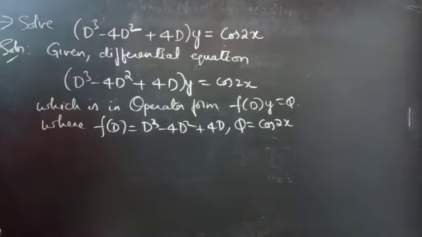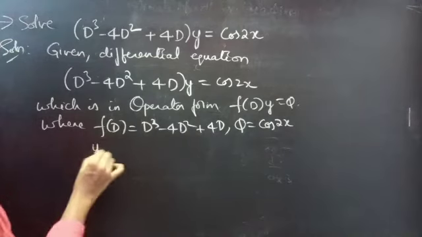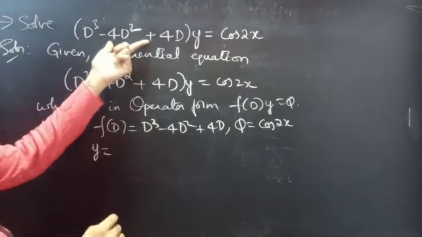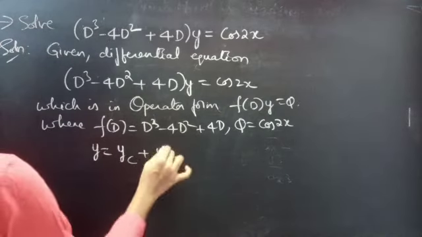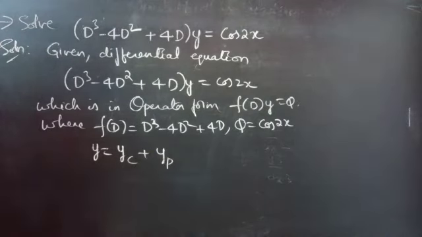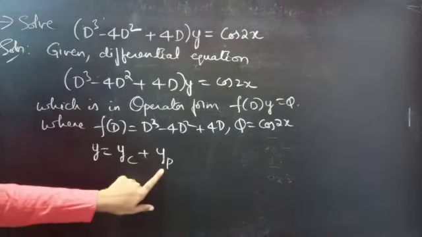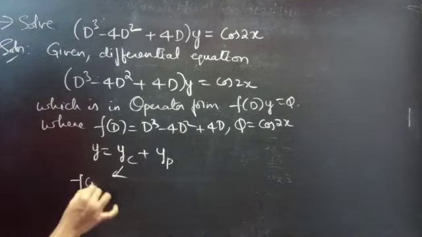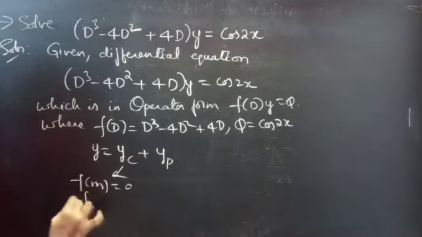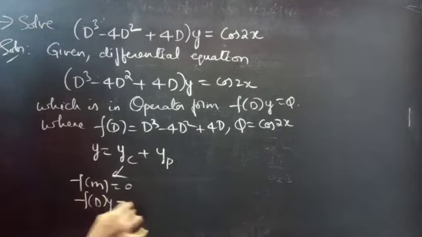So here we have to find the general solution to the given non-homogeneous equation using y equals yc plus yp. Here yc represents the complementary function and yp is the particular integral, right? We'll find yc using the roots of the auxiliary equation of the homogeneous equation of the given non-homogeneous equation.